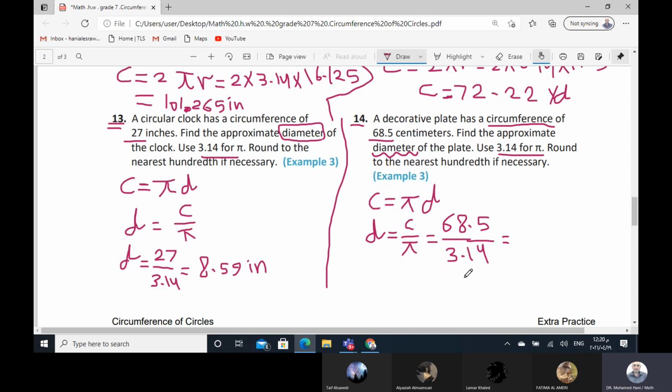So the answer will be 21.81, and the unit will be centimeters. Was there any question here? No questions, Mister. Clear for all?